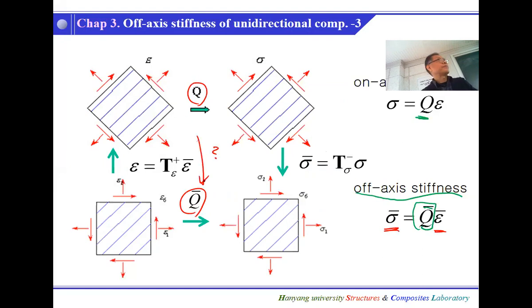How? That's the final relation we would like to derive in this chapter. To do so, all we need to do is use the stress transformation and strain transformation. Just follow this path. Okay, this goes to here, which means this relation. But this strain comes from this, or the other way.